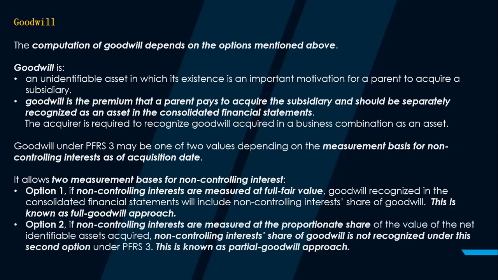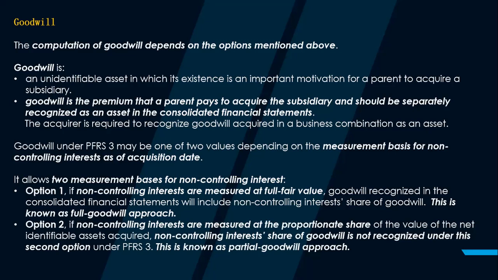Okay, option 2, if non-controlling interests are measured at a proportionate share of the value of the net identifiable assets acquired, non-controlling interest share of goodwill is not recognized under this second option. Under PFRS 3, this is known as partial goodwill approach.